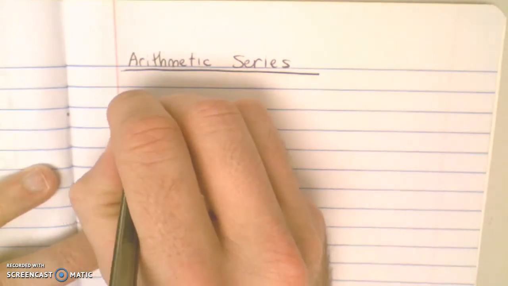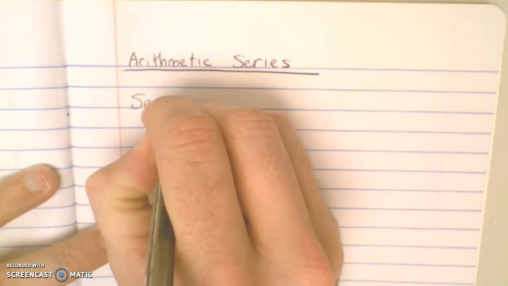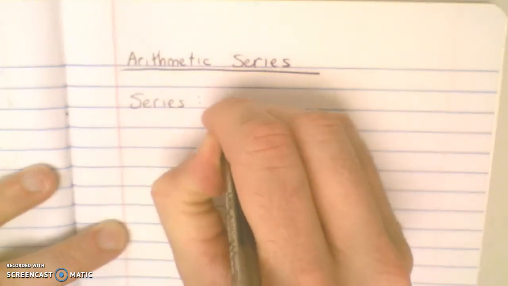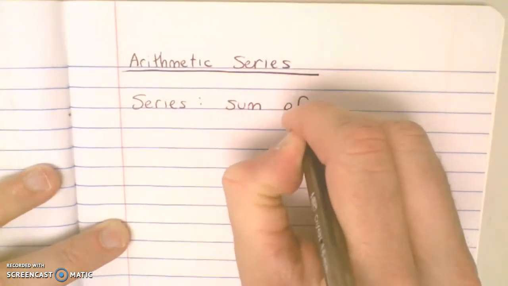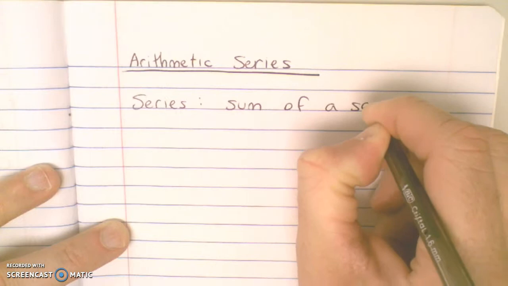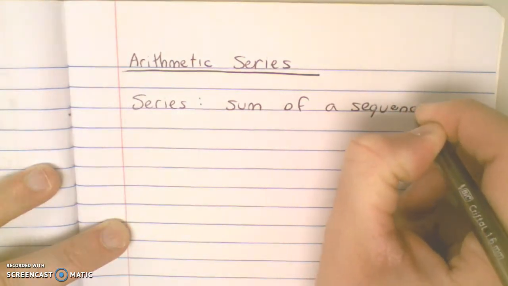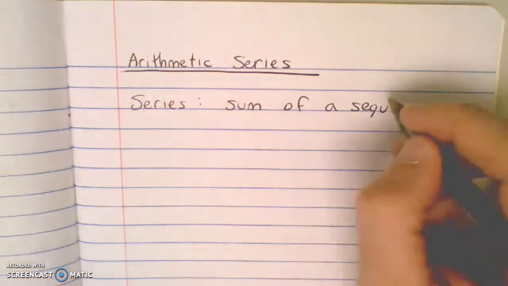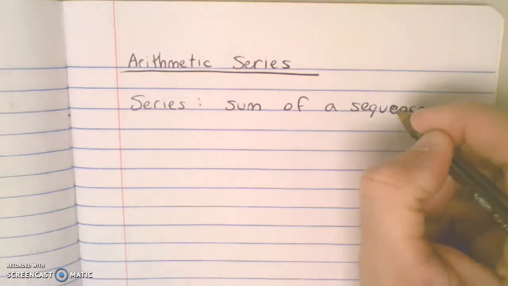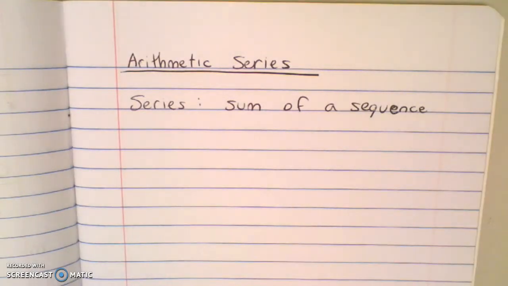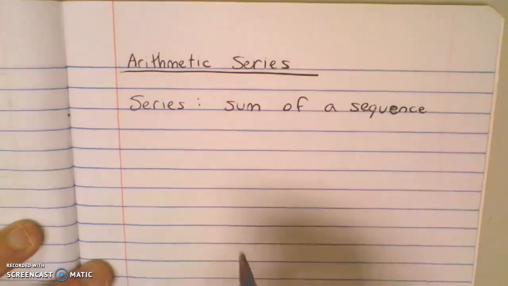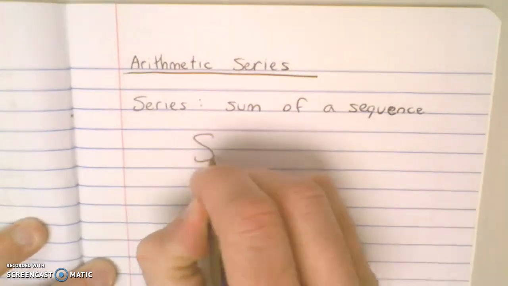So a series is just the sum of a sequence. And there's a formula that we use to find the sum of a sequence. It's called the sum.